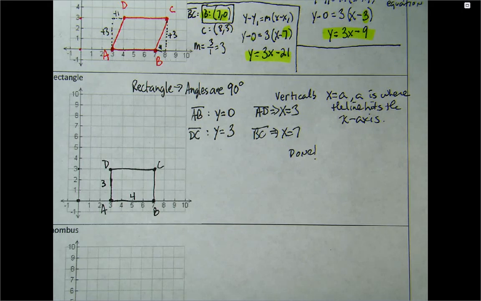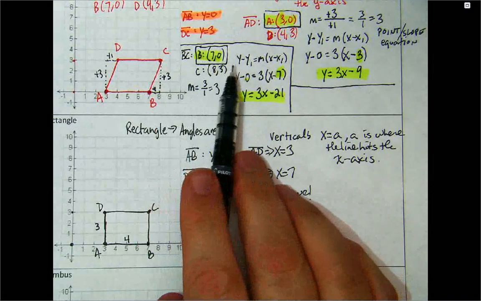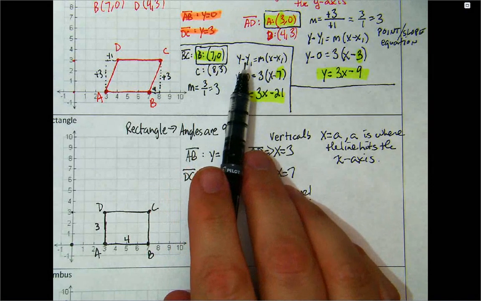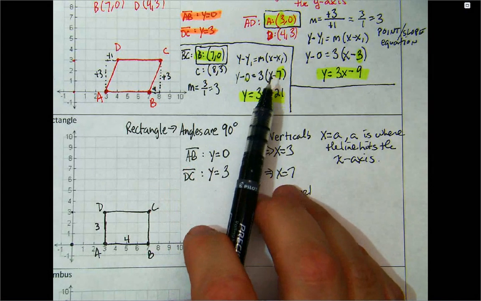So you're either going to work through, and if you have diagonal lines, you're going to have to use y minus y1 equals m times x minus x1. If you have just your straight lines, horizontal or vertical, you're going to end up using these types of situations.